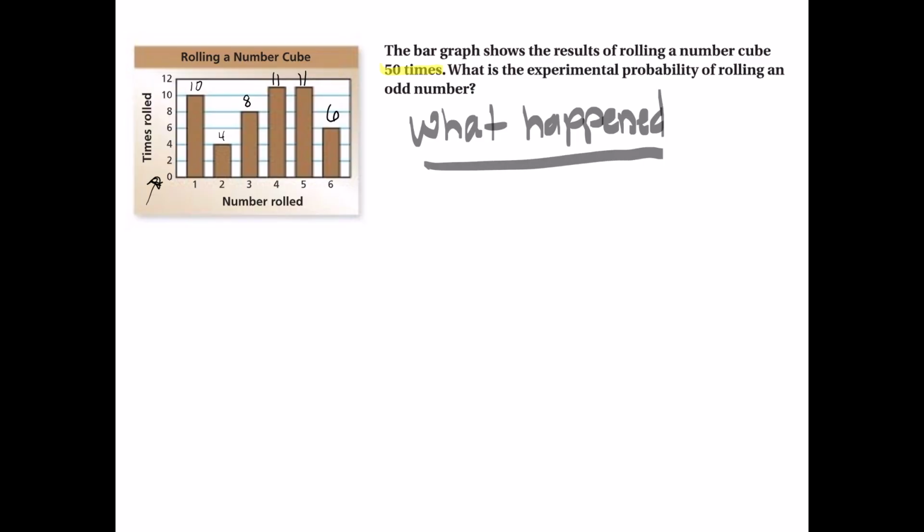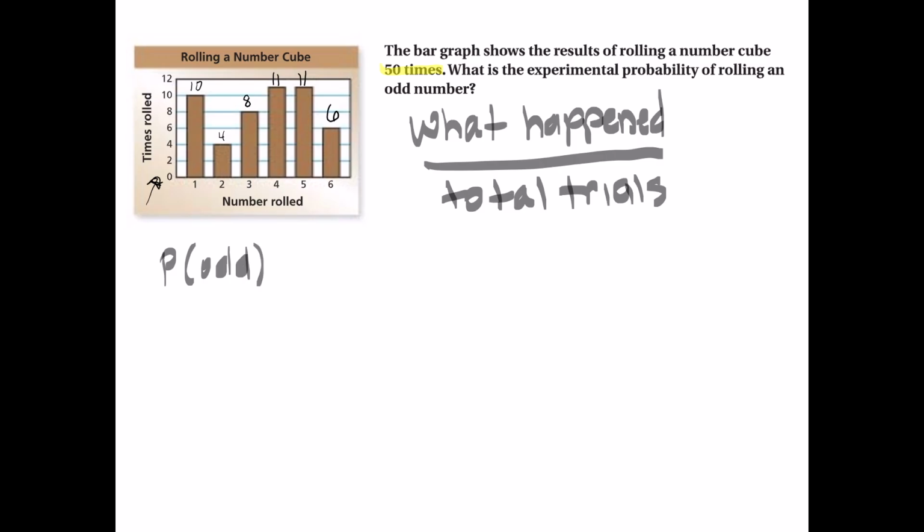So when we're looking at probability, we're comparing what did happen, or what we wanted to happen, over our total number of trials. How many times did we conduct our experiment? So we want to know the probability that we rolled an odd number.